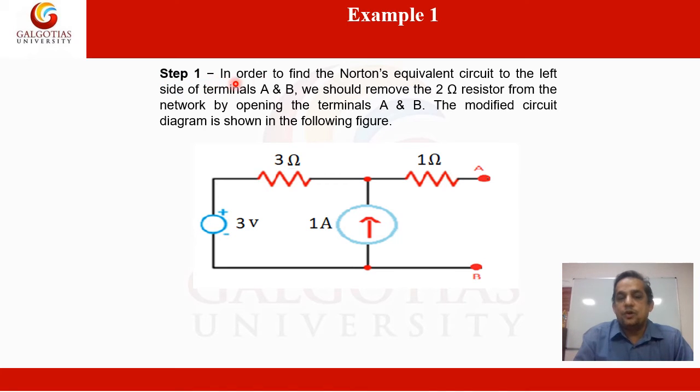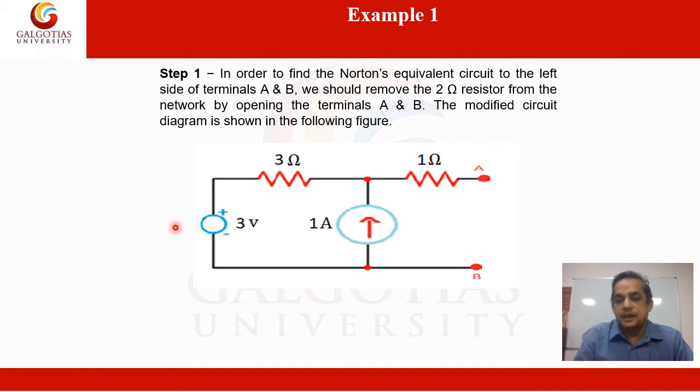Step 1 is, in order to find the Norton equivalent circuit to the left side of the terminals A and B, we should remove the 2 ohm resistor, which I have said earlier is the load resistance. We should remove the 2 ohm resistor from the network by opening the terminals A and B. The modified circuit diagram is given in the following figure.